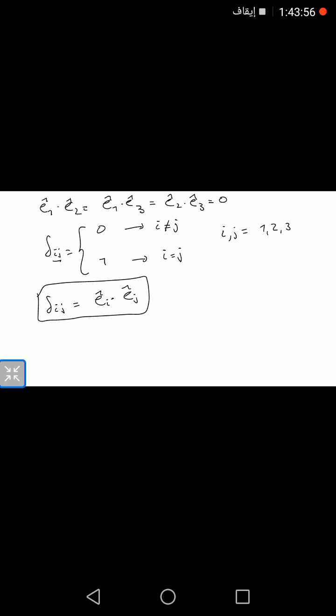Another important symbol is the Levi-Civita symbol with 27 components. This is just a very quick review for solving the exercises for today.